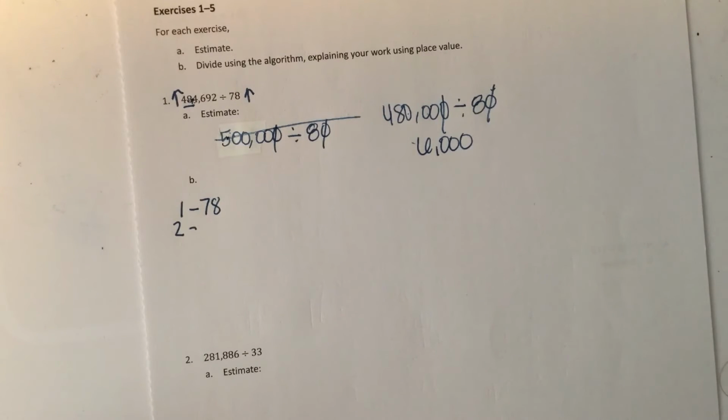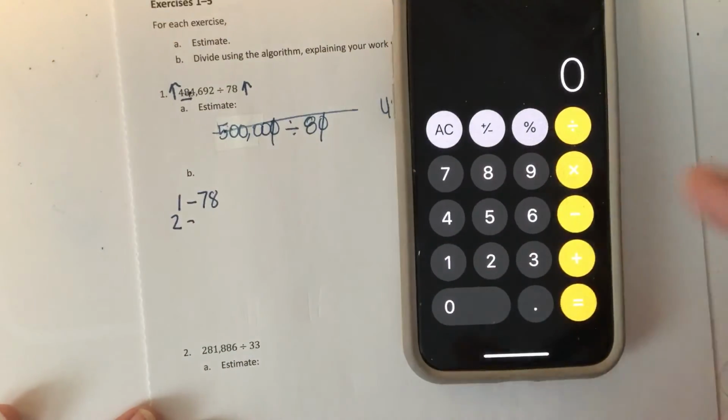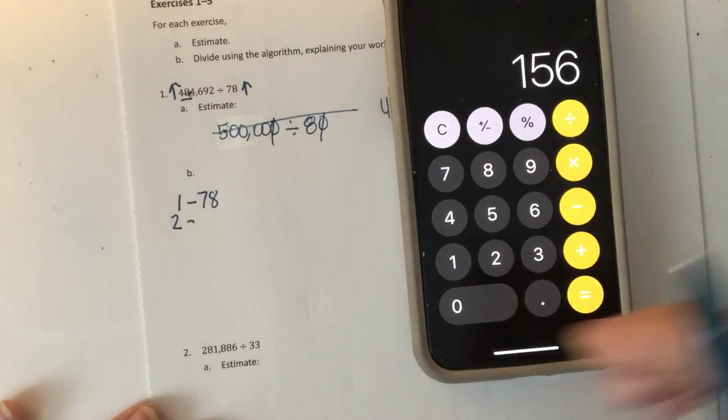And then 8 and 8 is 16. So if you add 140 and 16, or we can just do it this way too. When the numbers get wonky and we can't do them in our head, let's just do a calculator. 78 times 2 is 156.